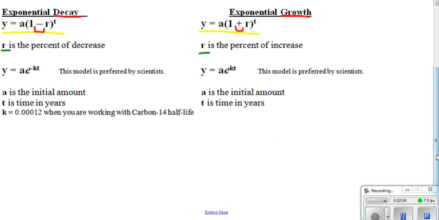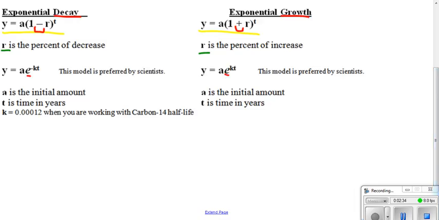Now, those are how you look at things if they're growing and you're checking them every so often. But if they are being checked continuously, or if they're continuously growing, the natural way of things, like a cell is naturally growing. It doesn't just one day say, oh, I'm instantly going to grow another cell. It's continuously happening over time. So we would say then that we use that continuous growth, or the e value.